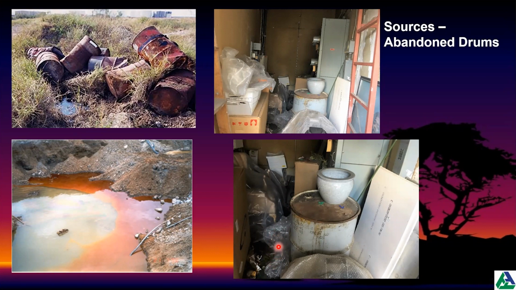This drum was leaking stuff from the bottom of it. I stepped into it, and I couldn't pull my shoe out. Inside an electrical room, a drum is leaking out a substance which is flammable, and it's toxic. And it was a couple of years ago, so it's still happening today.